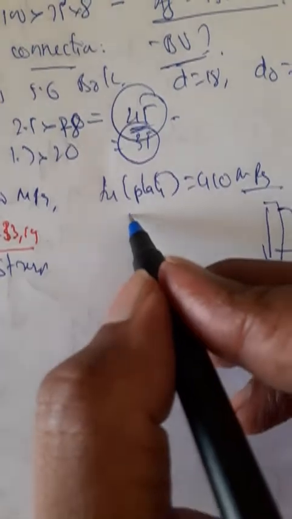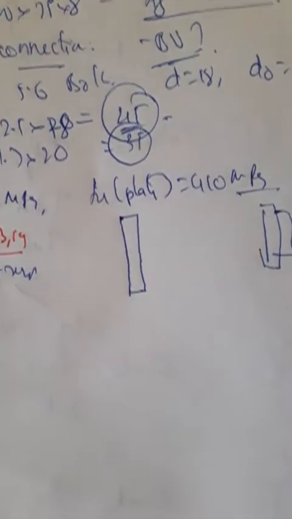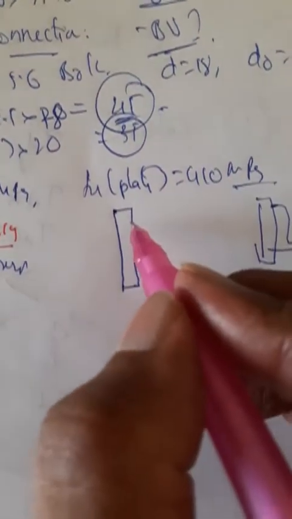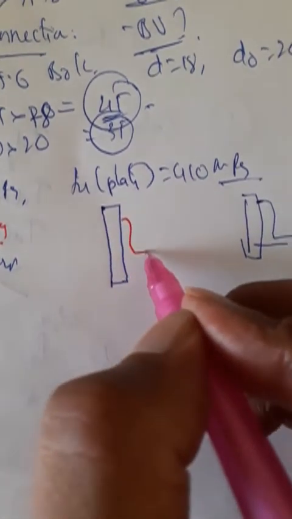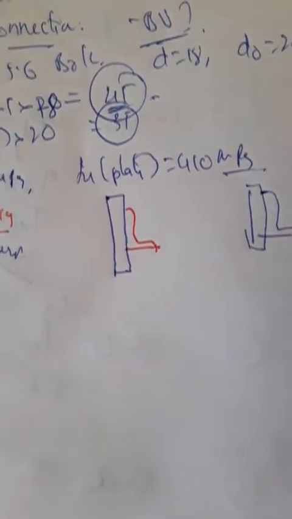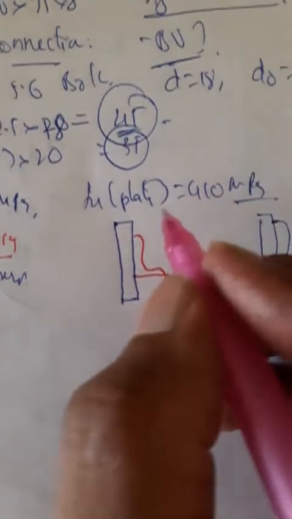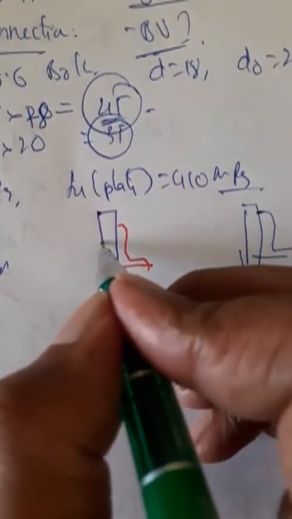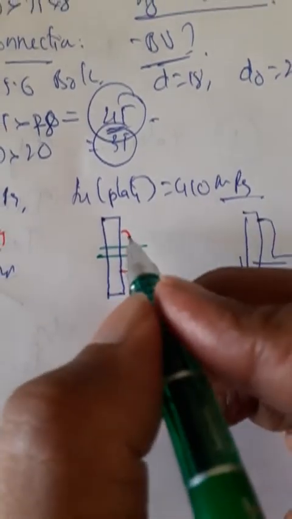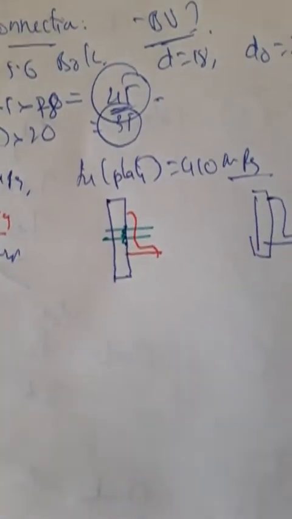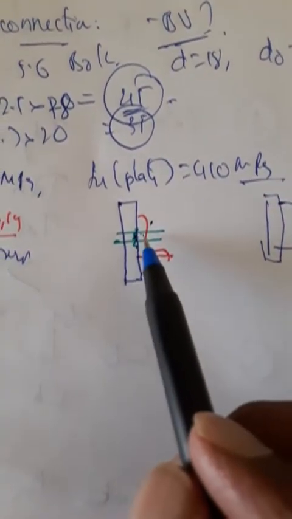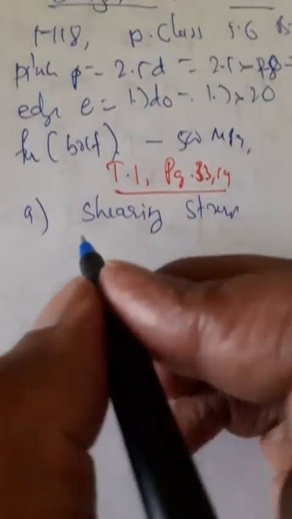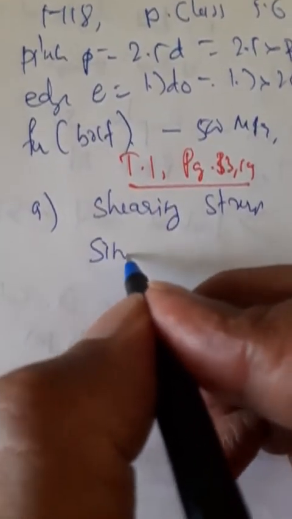Say this is one gusset plate, and to this plate you are going to connect an angle, and you will be providing bolts here. So here there is one shear plane. Bolts are in single shear.